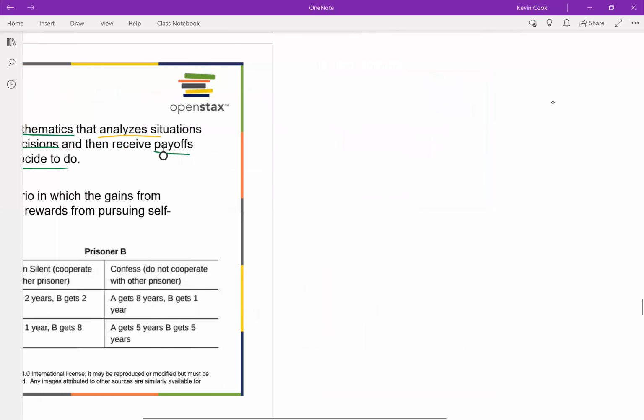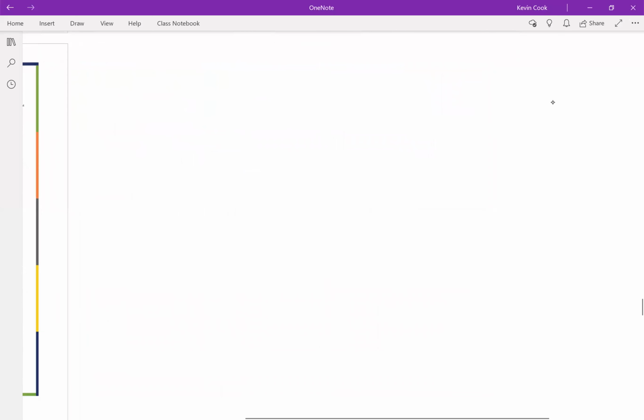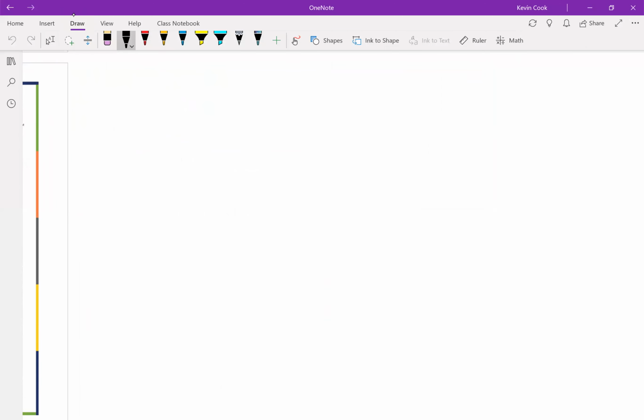Underneath game theory, a couple things that I throw in. The first thing that I look into is what's called a dominant strategy. When we're talking about game theory, we're going to have a choice of 2 or 3 moves that we can make.